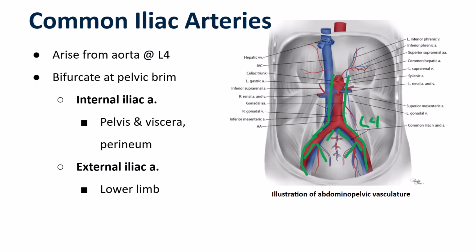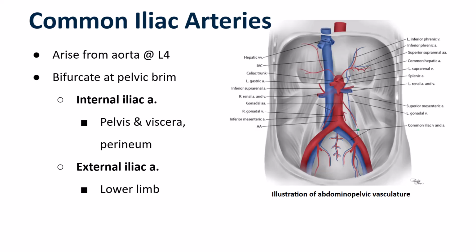The internal iliac artery is going to serve the pelvis and viscera, as well as the perineum. The external iliac artery is going to head out into the lower limb and will serve the lower limb.